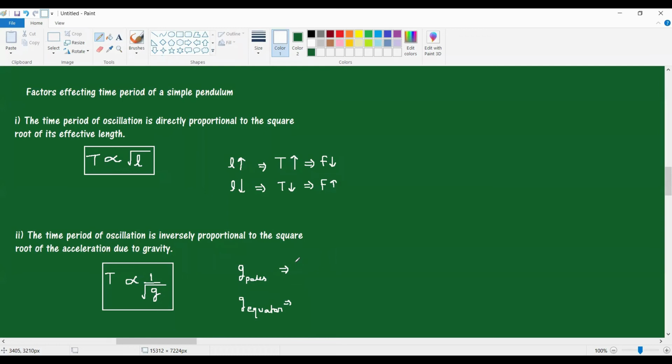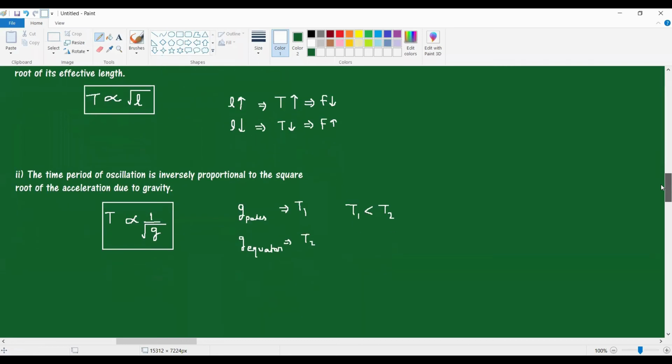Suppose the time period is T1 and here it is T2. So definitely it is inversely proportional. Value of g at poles is greatest. So it means T1 will be lesser than T2. Acceleration due to gravity will increase the frequency of the pendulum. It means time period will decrease. Clear? Simple.